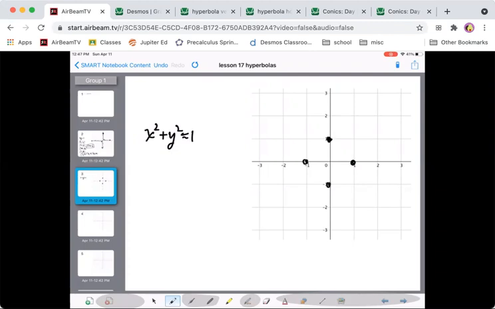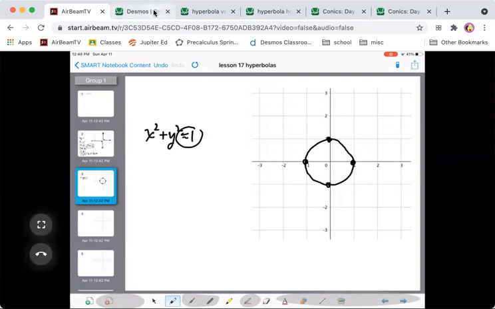But there aren't any large numbers, because if you have any number for x or y bigger than 1, you can't square it and add on something else that's at least 0 and get 1 still. So x squared plus y squared equals 1 is a sort of limited curve that's in a small region of the plane.